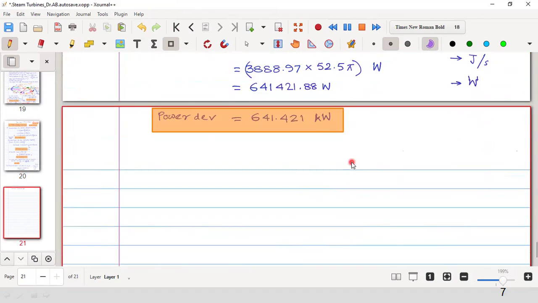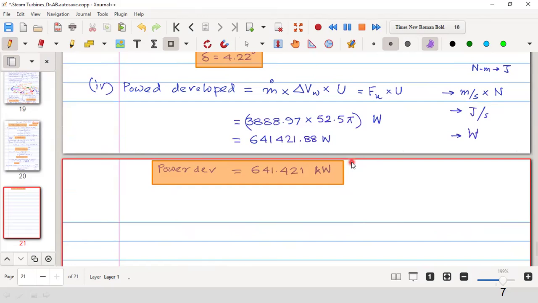Next, blade efficiency. Last one. Blade efficiency, eta B, is equal to the power developed divided by the initial kinetic energy.